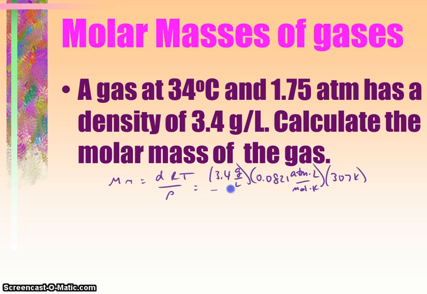We'll divide that by our pressure, which is 1.75 atm. Now when we look at that, atm is going to cancel out, liters is going to cancel out, Kelvin is going to cancel out, and we're going to be left with grams per mole, and that's what we're trying to find. So the molar mass for this gas is 49 grams per mole.